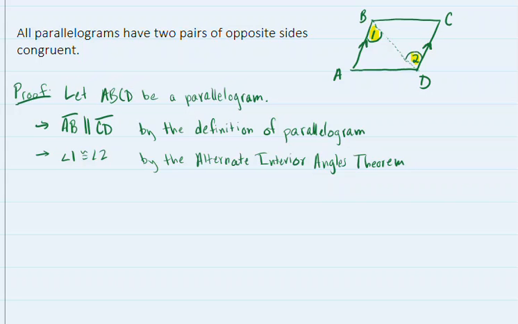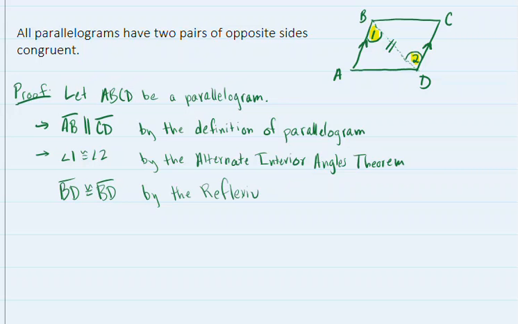Alright, there's another mark that we can also make, and it deals with segment BD. Segment BD is congruent to segment BD by the reflexive property.